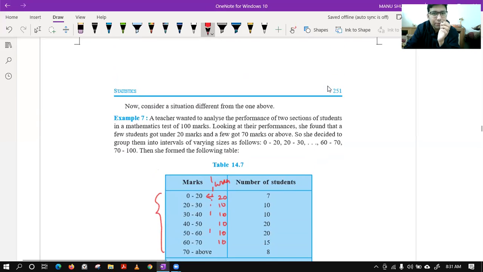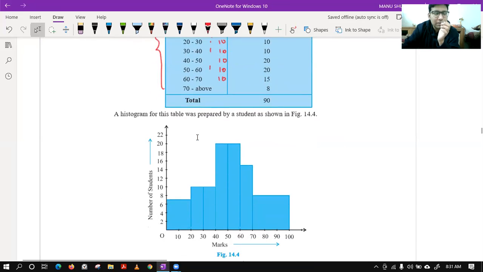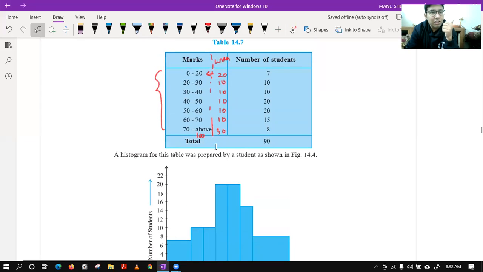The example is in an examination, out of 100 marks are given, that means the last one is 70 to 100. So what is the width? If the last interval is 70 to 100, the width is 100 minus 70, 30. So what we have got is only two intervals are changing the width.